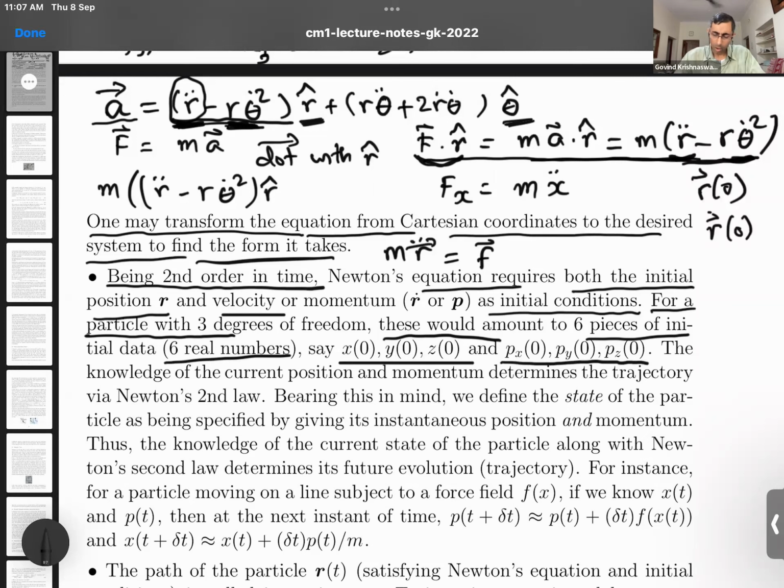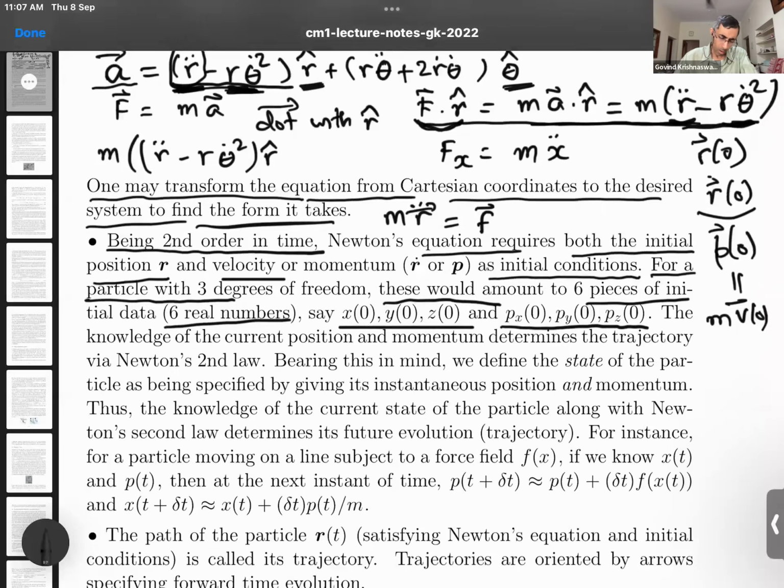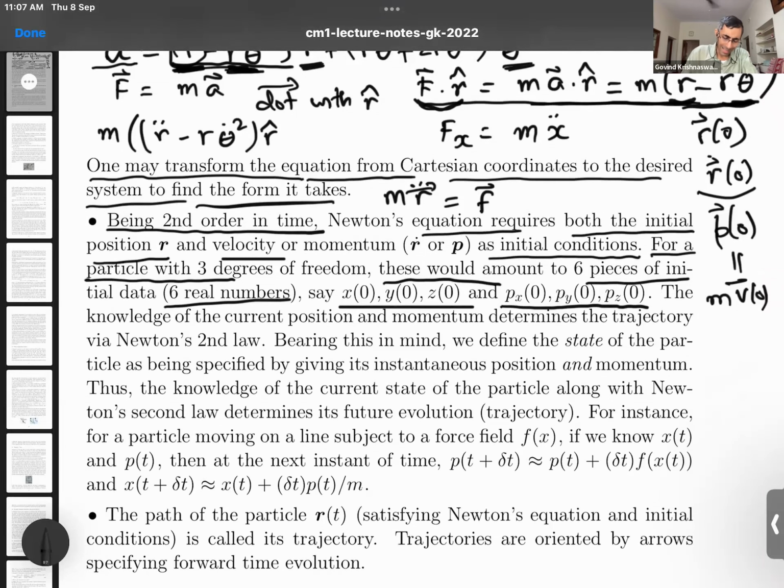By the way, one can always work either with initial velocities or initial momenta, because the initial momentum differs from the initial velocity simply by multiplication by the mass. Okay, so that is some constant which you have already determined. So we need to specify 6 real numbers in order to have any scope of solving this equation.